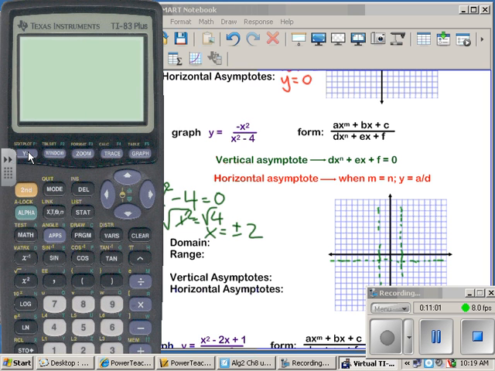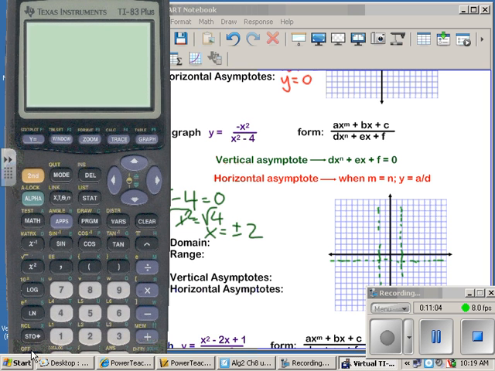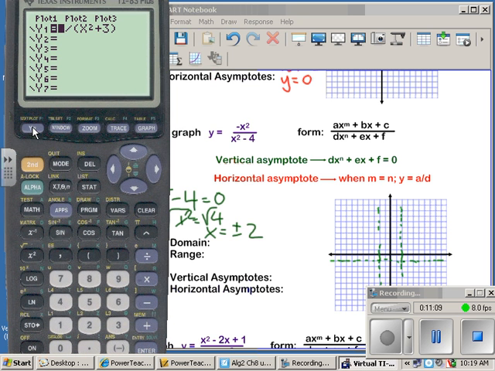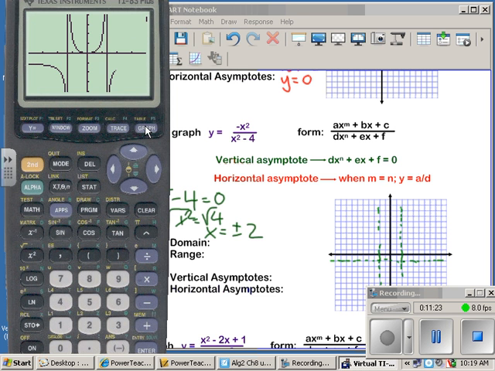So I go to y equals and it's negative x squared divided by x squared minus 4. Okay? Let's see what that graph looks like. Okay? So I've got my horizontal asymptote here at negative 1. I've got my two verticals at 2 and negative 2. All right?